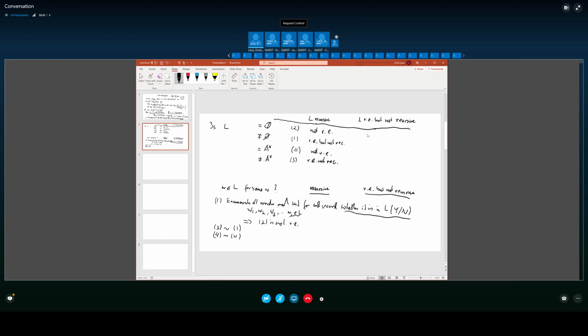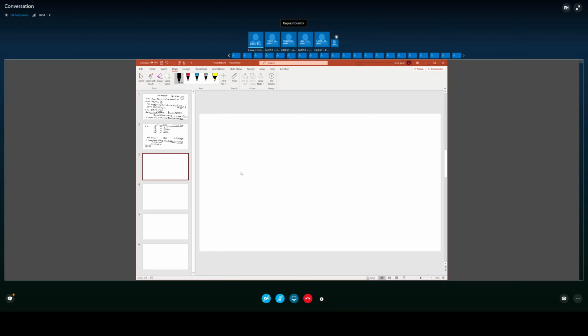Now, if L is RE but not recursive, we can't really do that, because if the first word is not in the language, then that first word may never terminate. So what we have to do then is come up with a somewhat trickier idea.